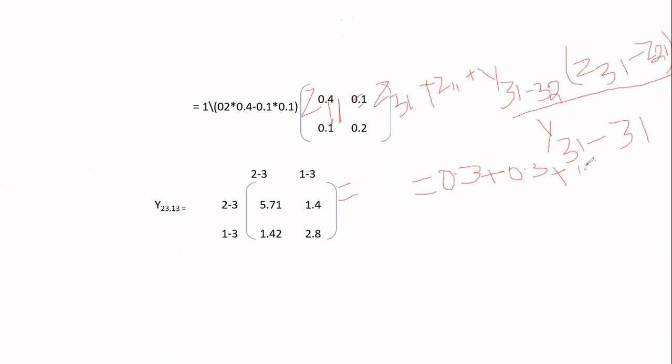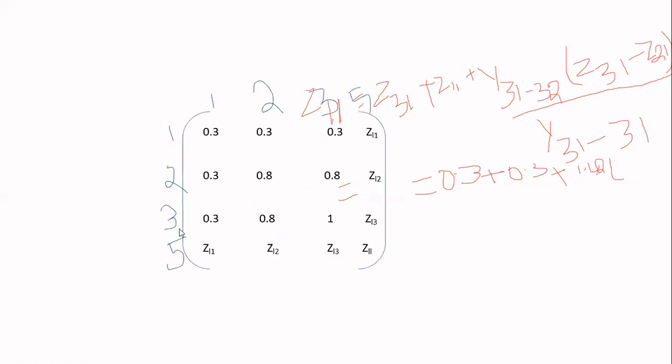Plus 1.42 into Z31, which is 0.3, minus Z21, which is also 0.3, by Y3131.